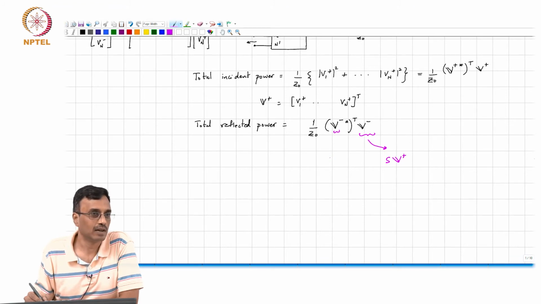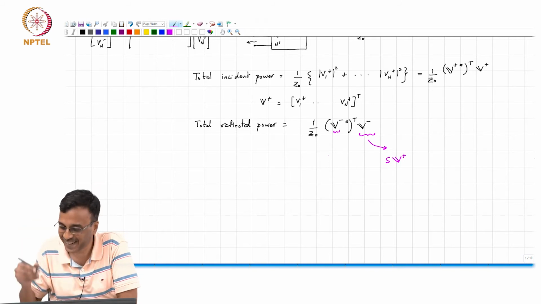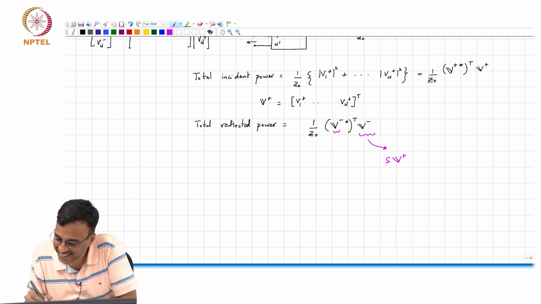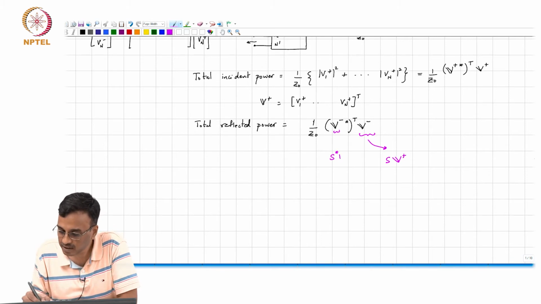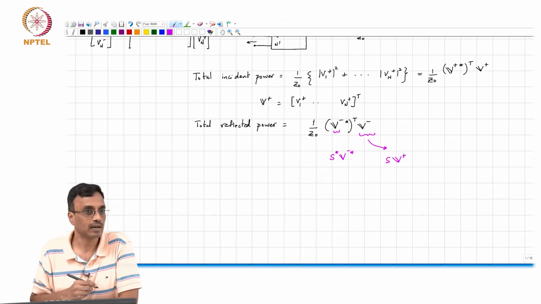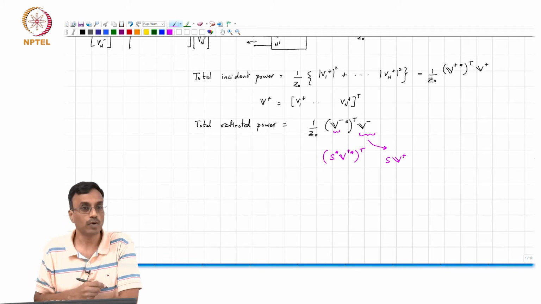AB whole conjugate is, now people are thinking whether it's B conjugate A conjugate or A conjugate B conjugate, come on folks. All right. So, this is S star times V plus star, and this transpose.